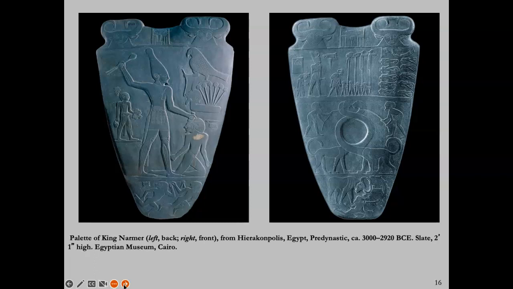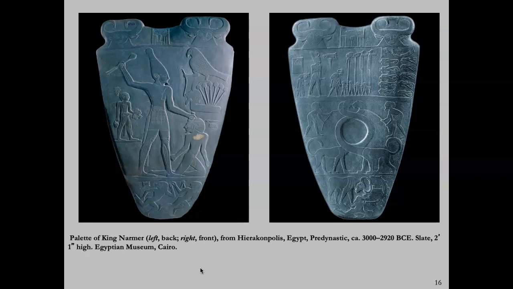We'll note that it's also a double-sided object, and here I'm showing you both sides, not two different objects, but both sides. And we've seen double-sided objects before, if we think about the standard of Ur, and how two sides are interrelated and dependent on one another, and sometimes have a conceptual meaning that relates to balance and the interdependence of two sides of existence.